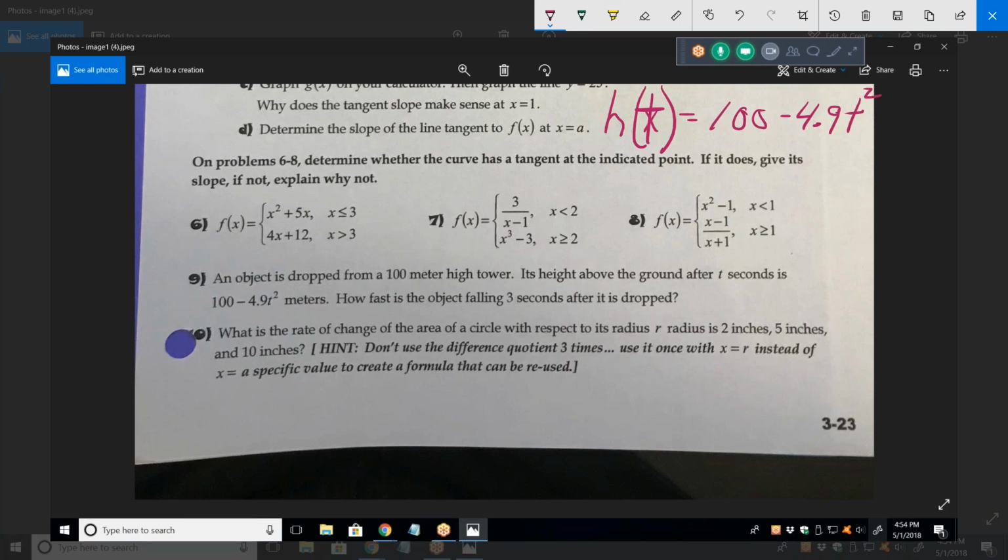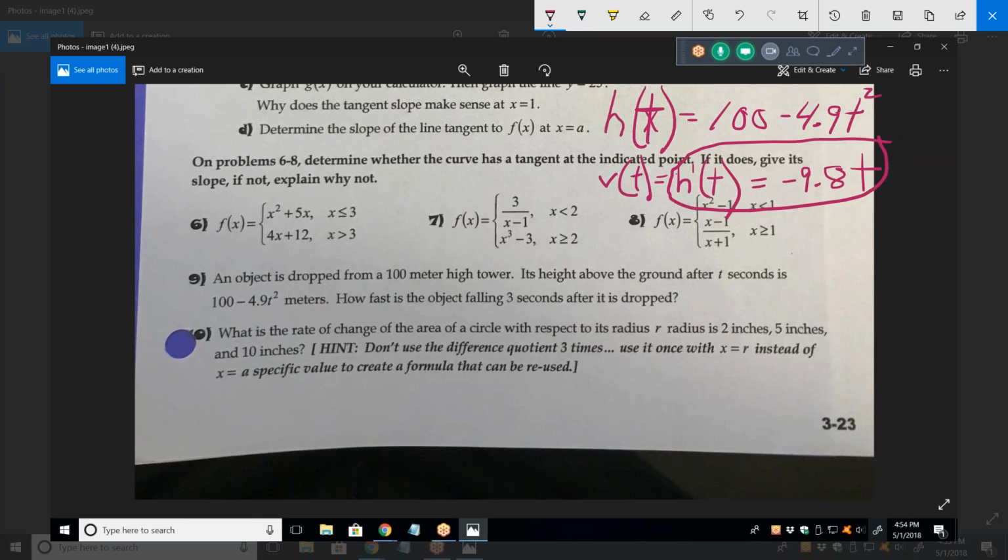If height is position, first derivative is velocity. So velocity of t, which is h prime of t, in other words, velocity is the first derivative of the height. Going to use the power rule real quickly, -9.8 times t. There's your velocity at any point in time when that thing is falling.